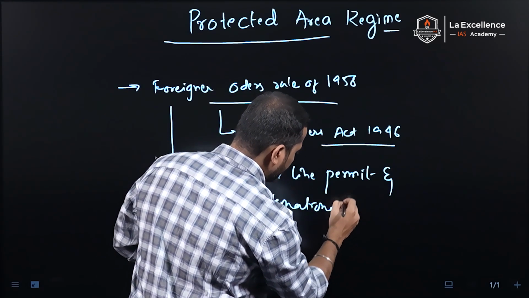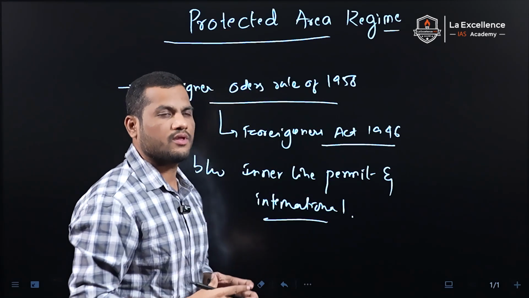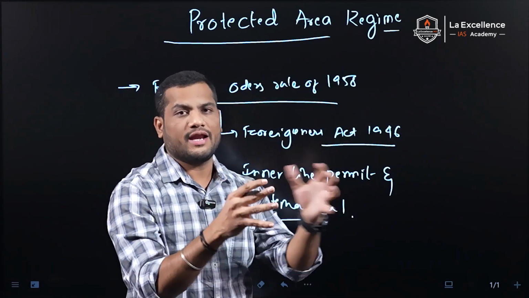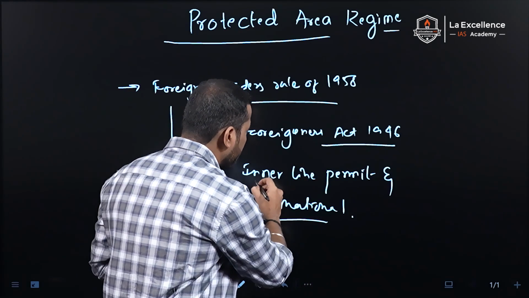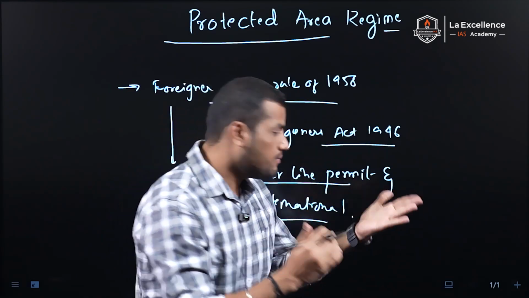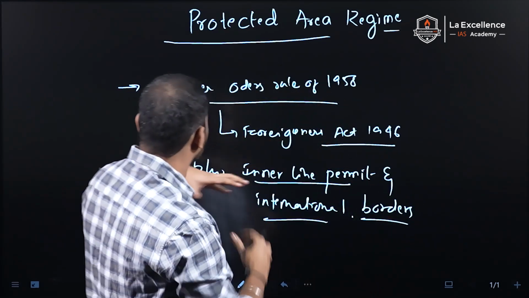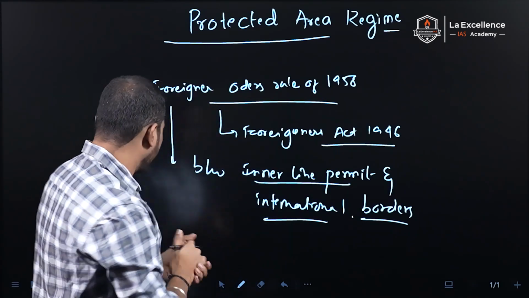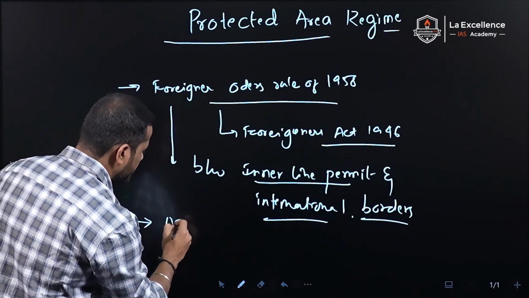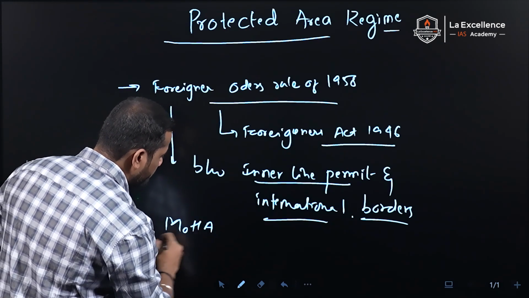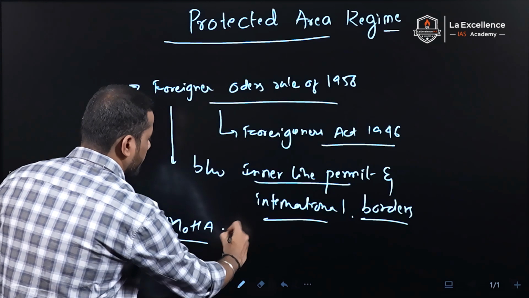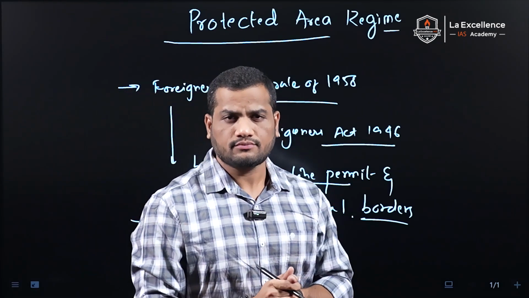Nothing but in the states there are some areas located between inner line permit areas and the international borders. The Foreigners Orders rules of 1958 are issued by the Ministry of Home Affairs. Means the protected areas are designated by the Ministry of Home Affairs of the central government.